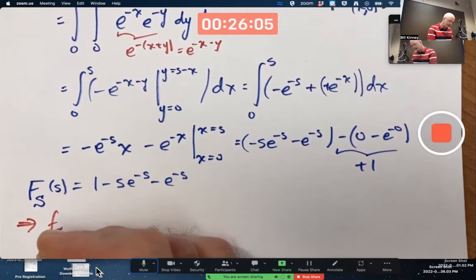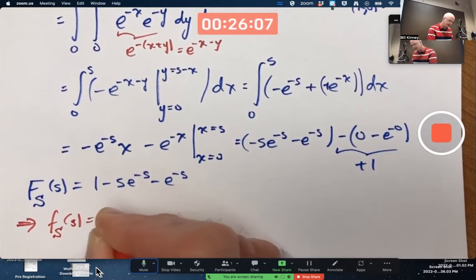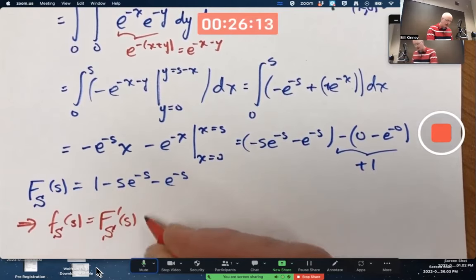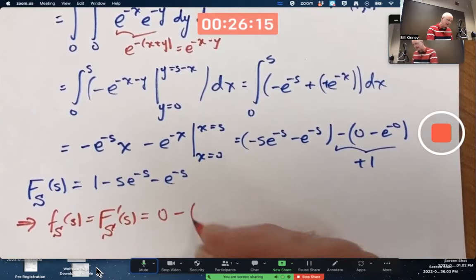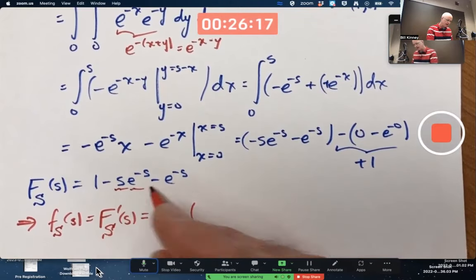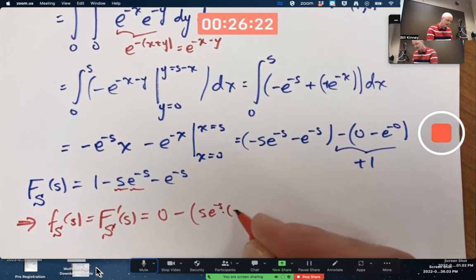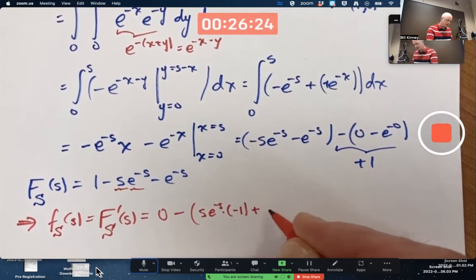Little f sub capital S of little s is the derivative of capital F sub S of little s. Differentiate this. 0 minus, okay, I got to use the product rule there. Left d right plus right d left.